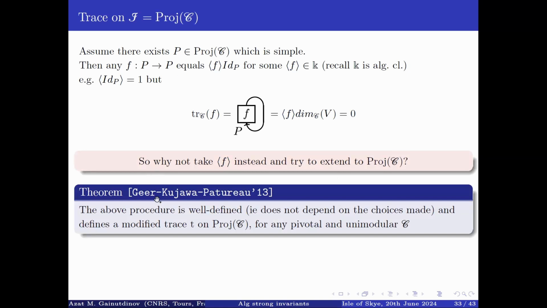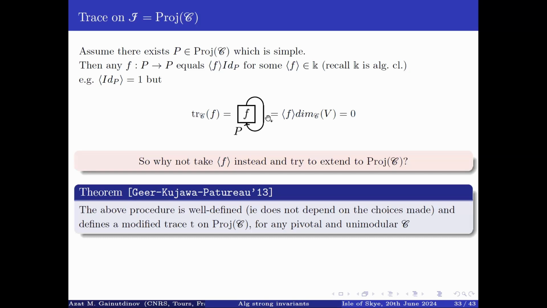I think the first result on these traces on projective ideals was by Geer, Kujawa, and Patureau in 2013, in the case where you have a simple projective object. The idea is simple: if you have a simple projective object, then any endomorphism of the projective object is described by a scalar. And why is the categorical trace 0?